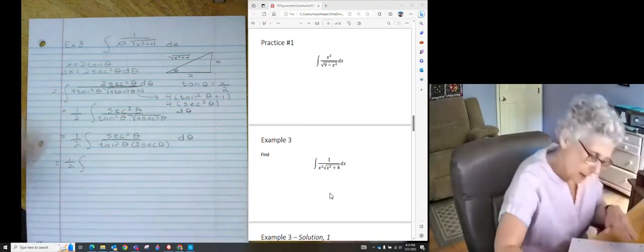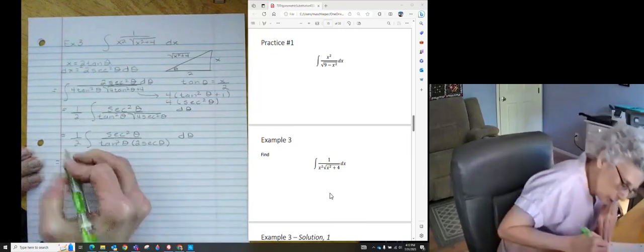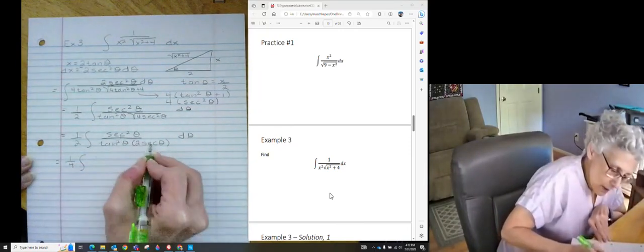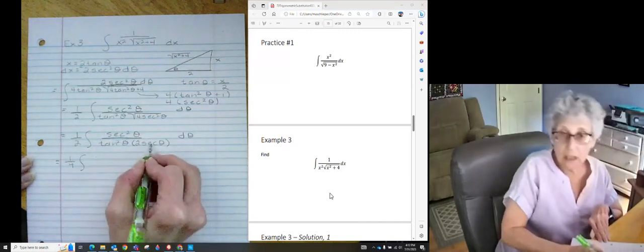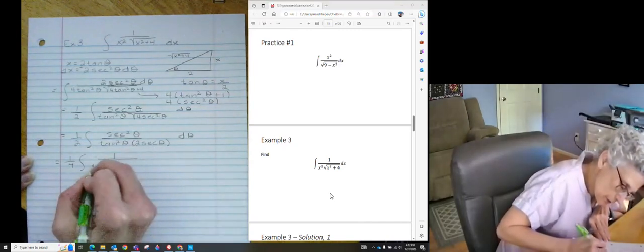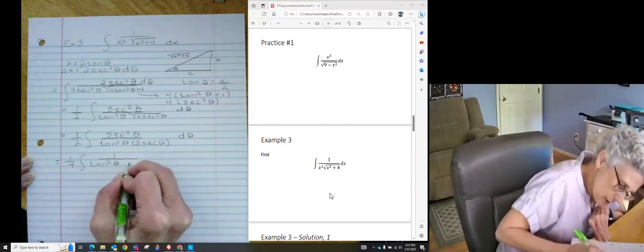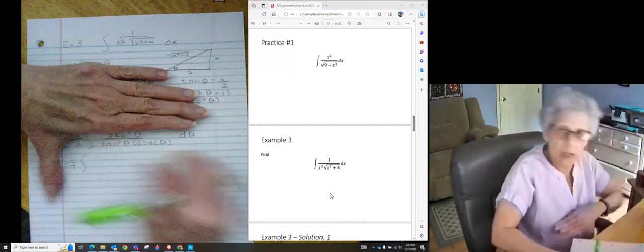Now I end up with, actually, let's put 1/4 out front because I have this 2 living right here. Secant squared on top and secant on the bottom leaves me with just a secant on top. So that's 1 over tangent squared of theta, and secant is on top, not on the bottom.